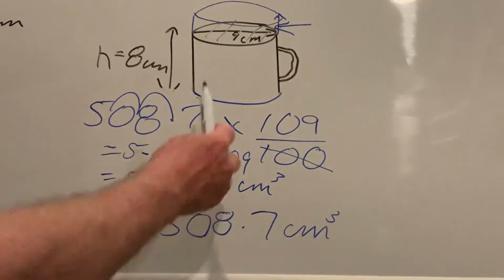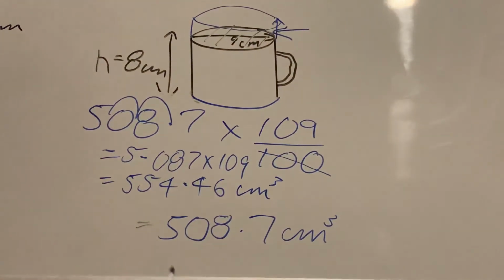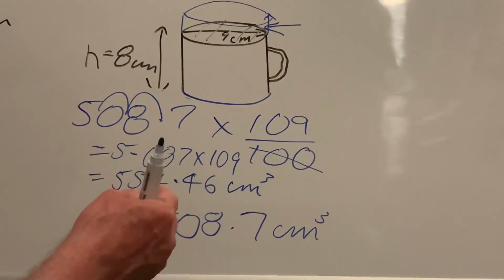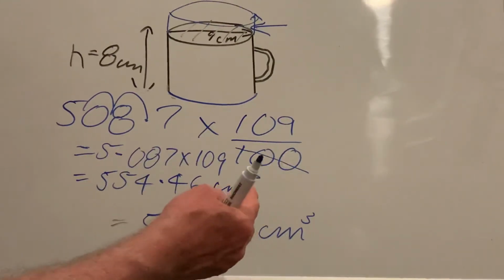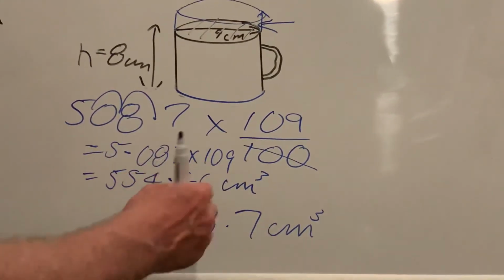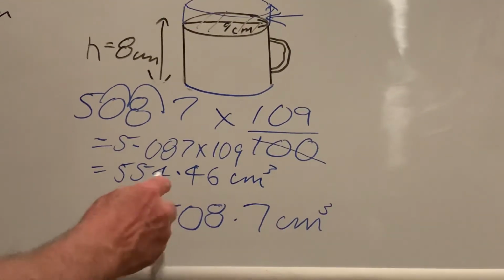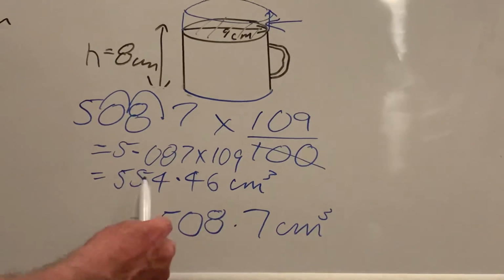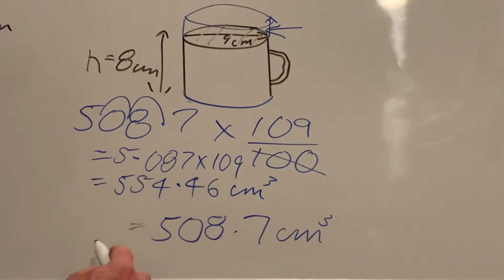So how far above the top of the cup has it come? Remember, if you put a bottle of water in the freezer when it's full, it's not a good idea because it can burst the glass. And this is why it happens, because water expands. So it's expanded by 554.46 minus 508.7.